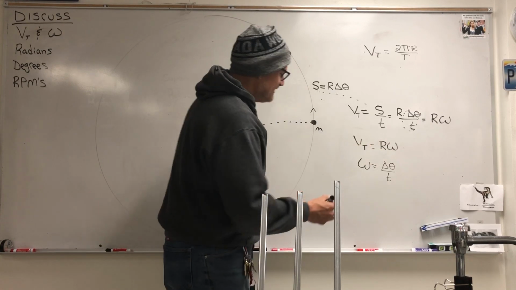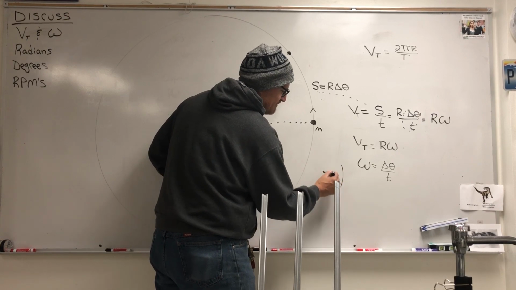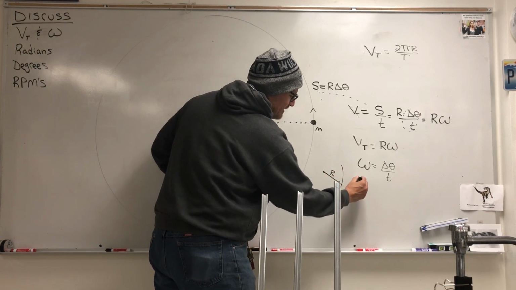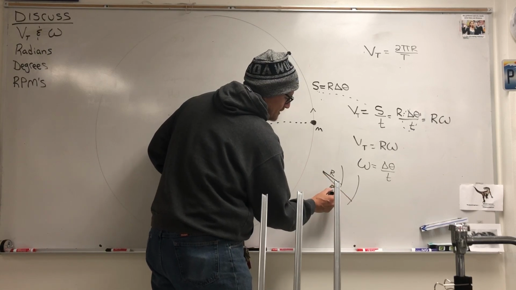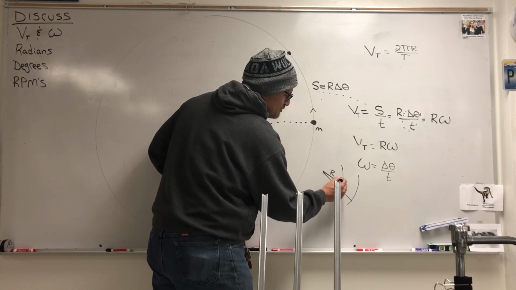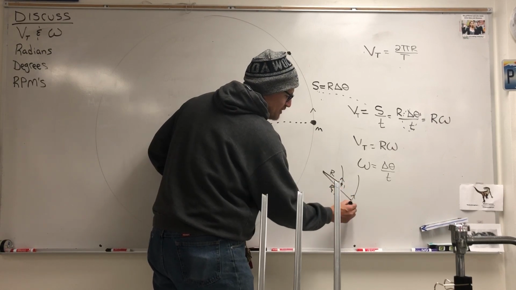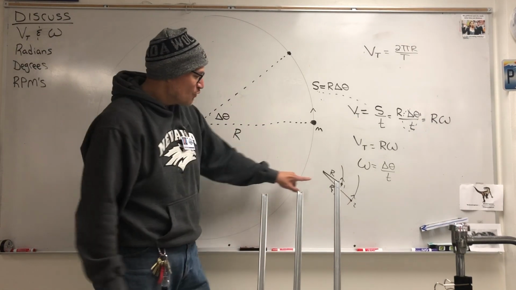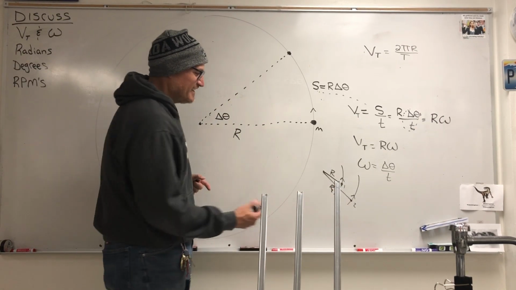So if you have some circles here, like this is maybe R1, and this here is, let's say, R2, and this object is moving this way, and this object is moving this way, and we'll call this position 1 and position 2. Which one of these would have a greater tangential velocity?